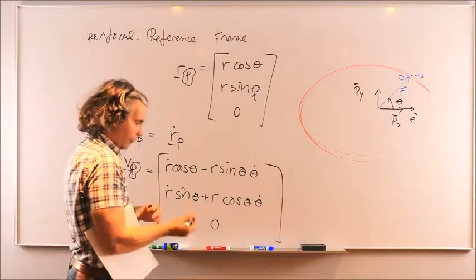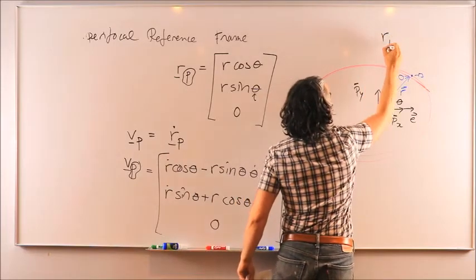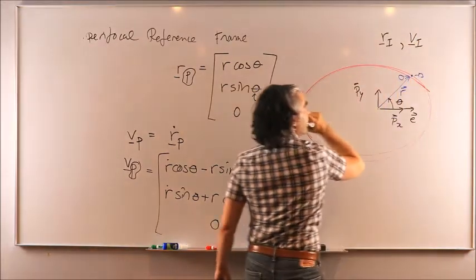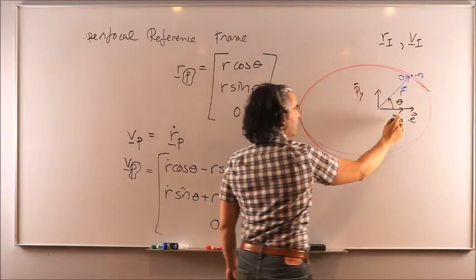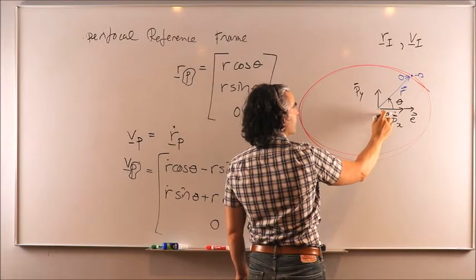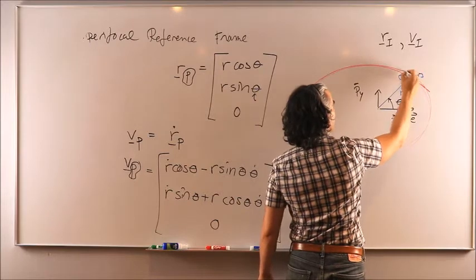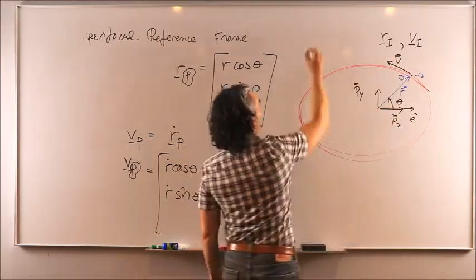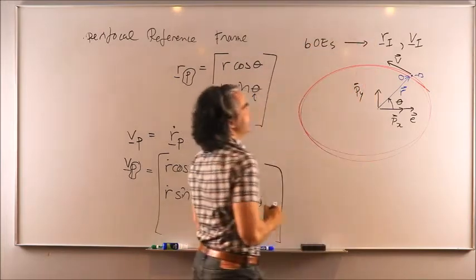The objective up front was to obtain Ri and Vi, or x, y, z components of the position vector seen not from the perifocal reference frame perspective, but from the ECI perspective, as well as x, y, z components of the velocity vector seen in the ECI reference frame. 6 orbital elements to those things.